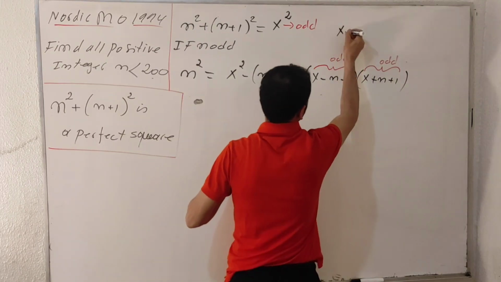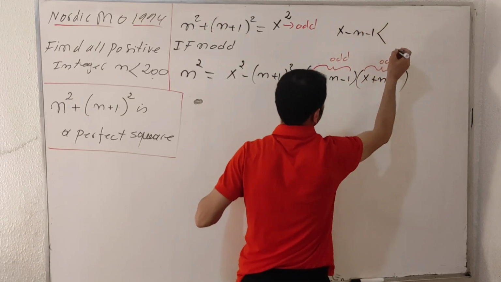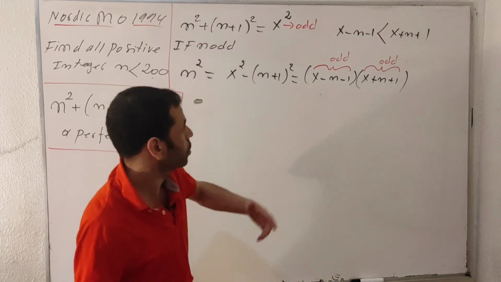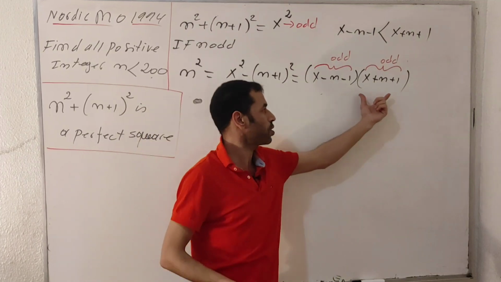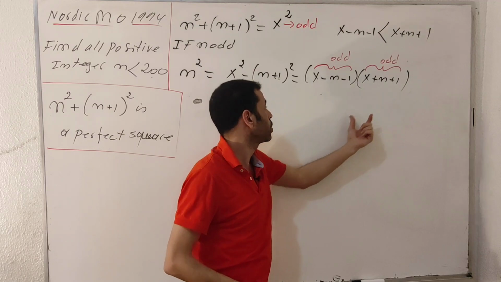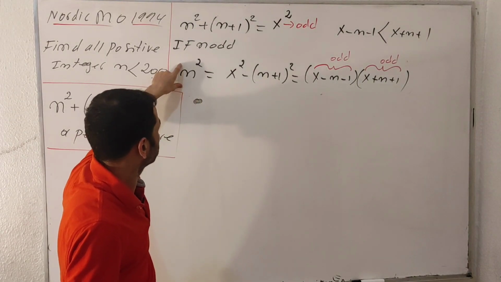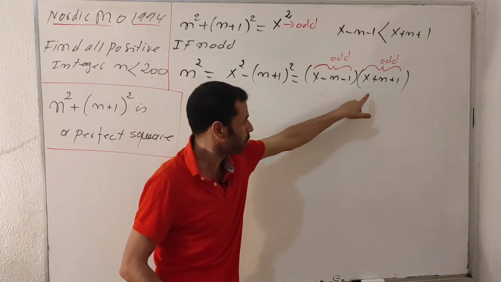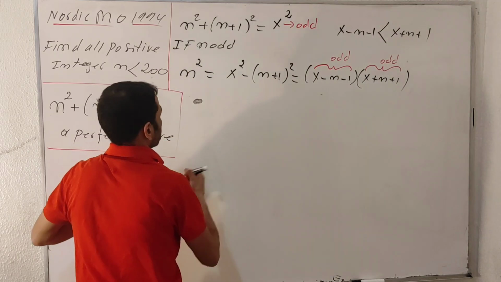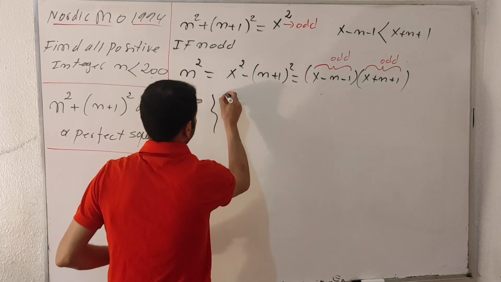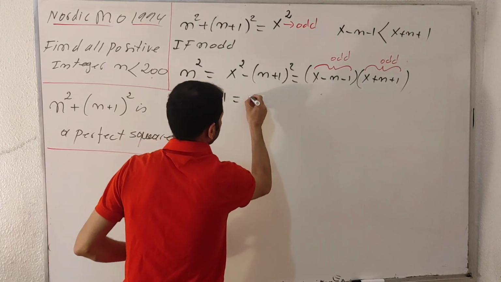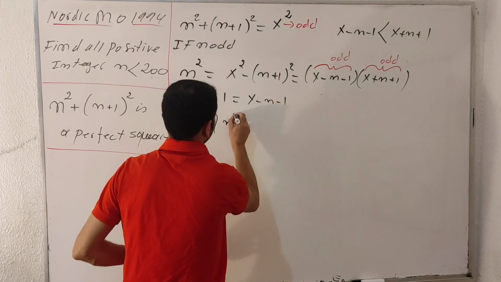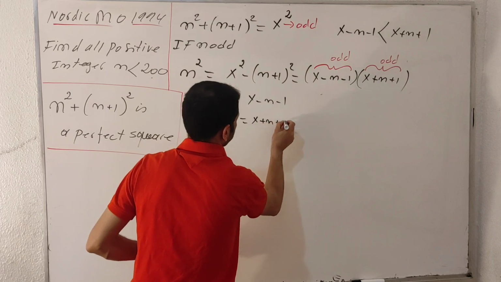We know x minus n minus 1 is strictly less than x plus n plus 1, which means this term takes the smaller number and this one takes the bigger number. So we have only one option here: we have 1 and n squared. This one strictly takes 1, and this one takes n squared. So we have 1 equals x minus n minus 1, and n squared equals x plus n plus 1.